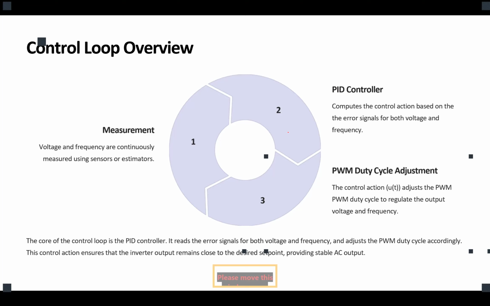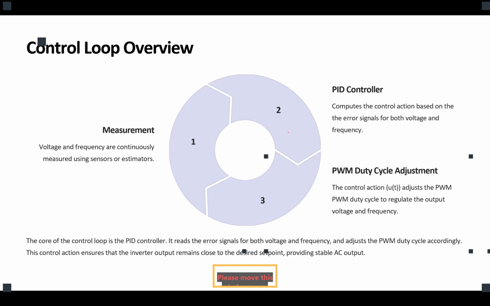Is that clear? So we measure the current situation. We calculate what we have to do to go toward the set point or desired point. We calculate the changes that we have to make, and we send that to the PWM to change those parameters, so the PWM creates an output closer to our desired point.